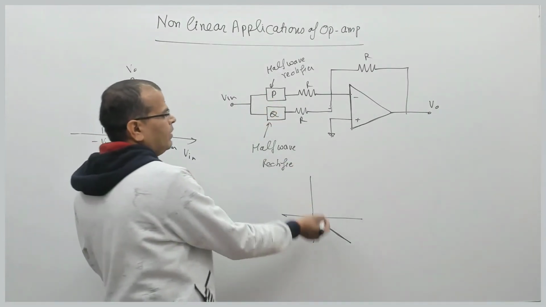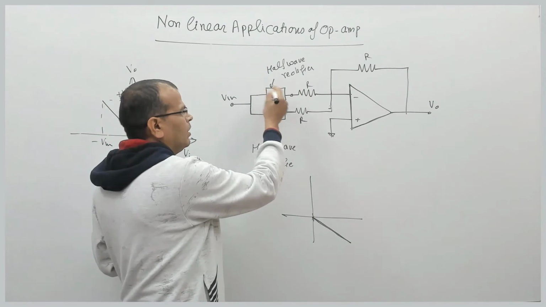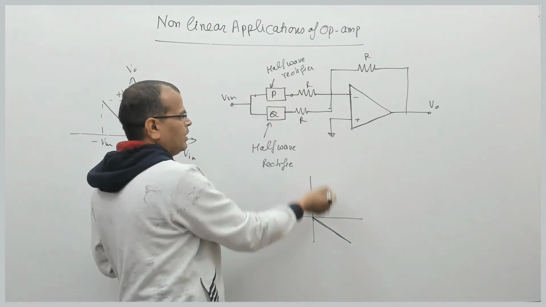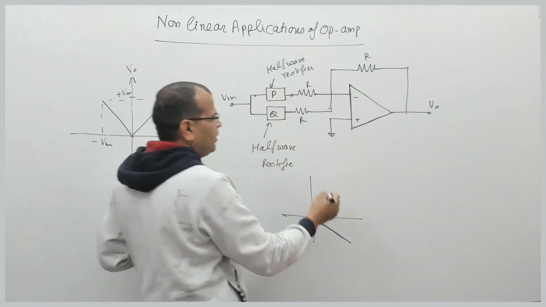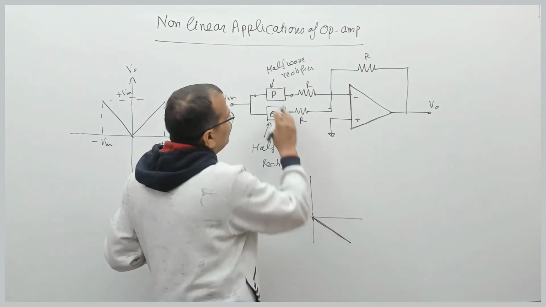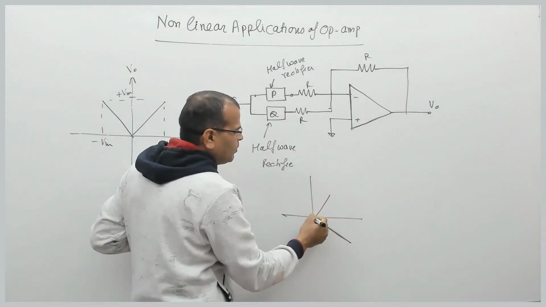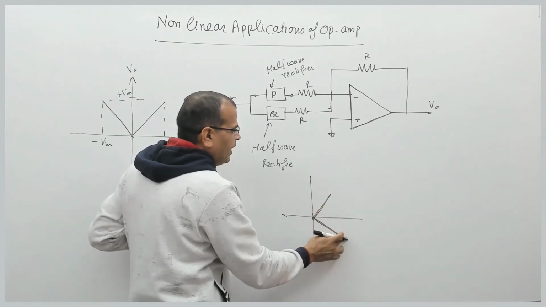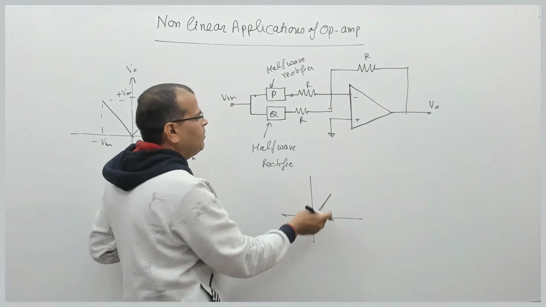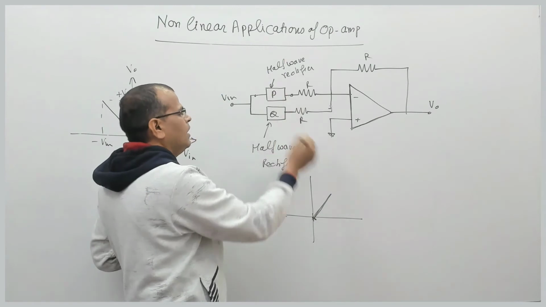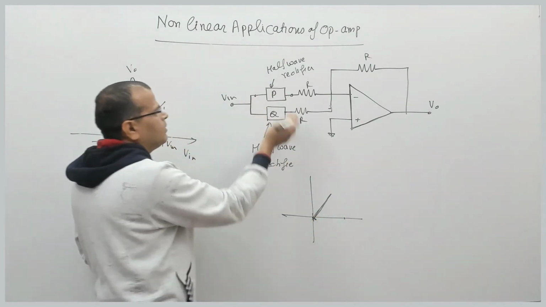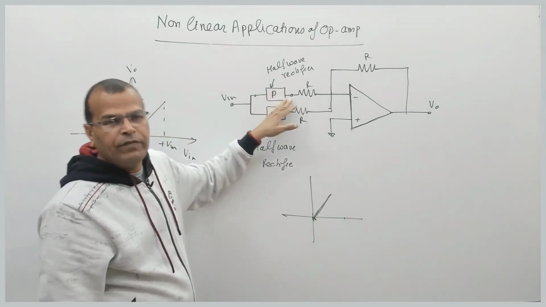When your input comes here, this input will be inverted, so the output of this filter becomes positive. The output will basically be the signal: if it was negative here, it becomes positive. I select a filter like that.